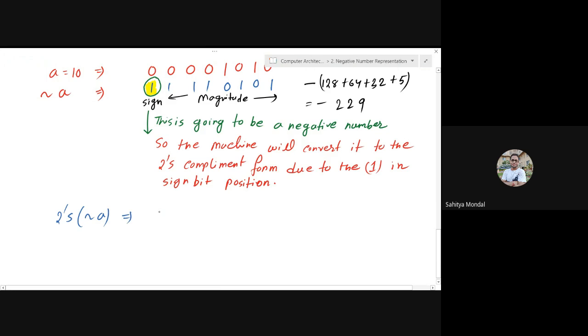So what is the 2's complement? First compute the 1's complement, 0 0 0 0 1 0 1 0, and then add an extra 1 to the result. So it becomes 1 1 0 1 0 0 0 0.